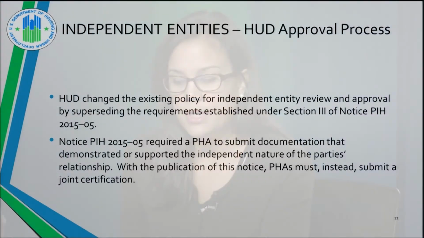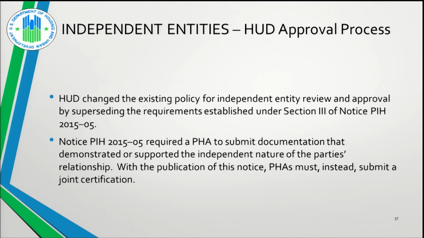In terms of the HUD approval process, HUD changed the existing policy for independent entity review and approval by superseding the requirements established in a previous PIH notice, that is PIH Notice 2015-05, and those requirements were listed in section 3 of that notice.